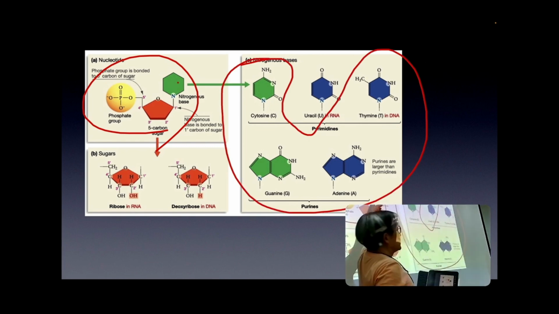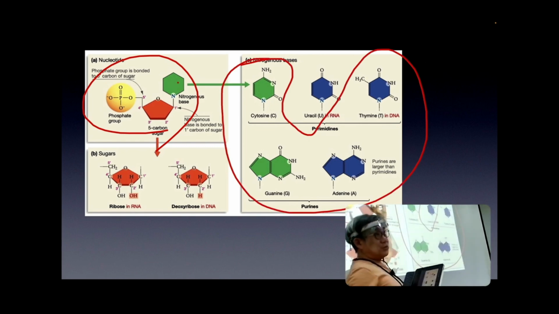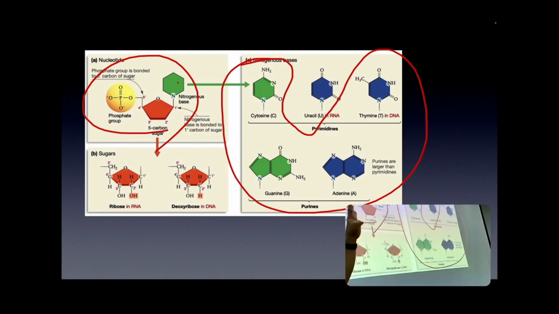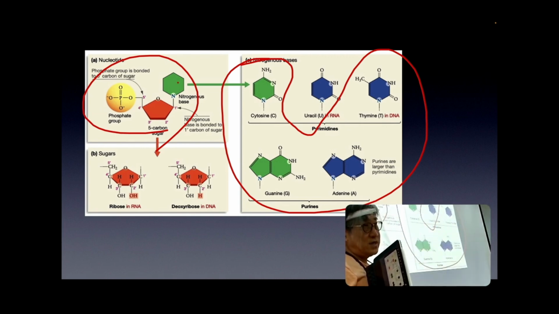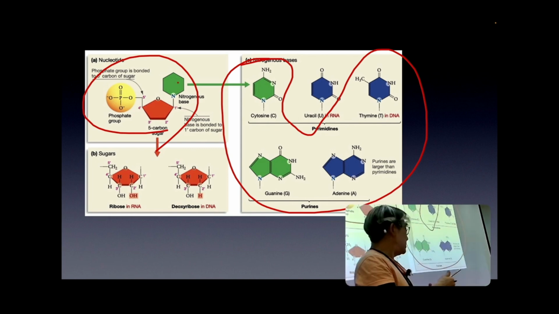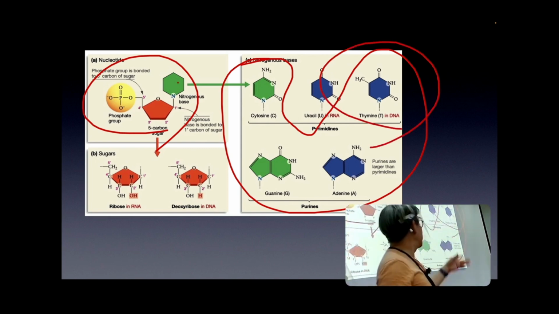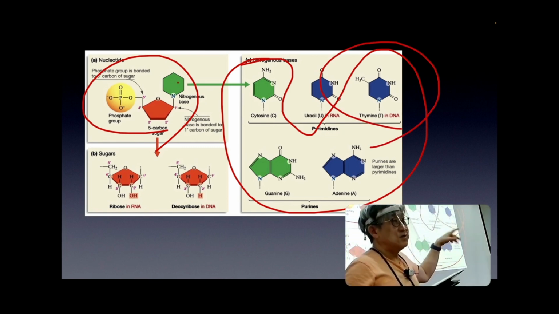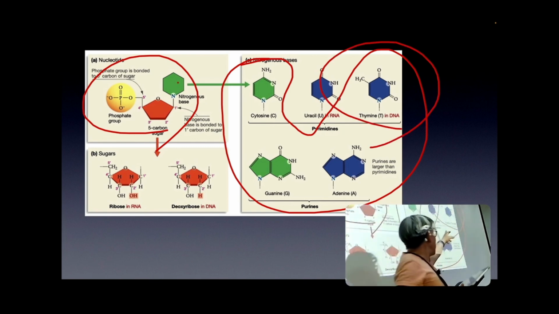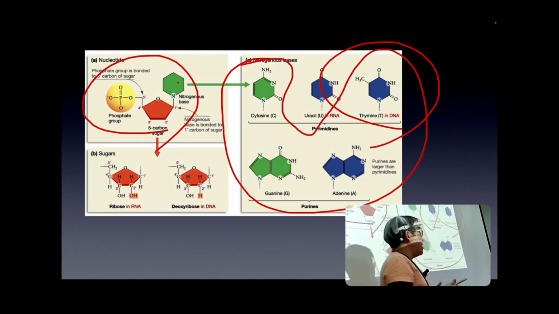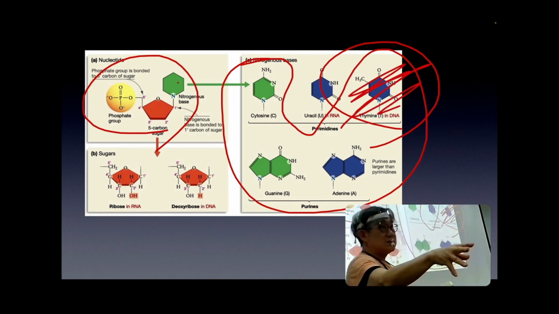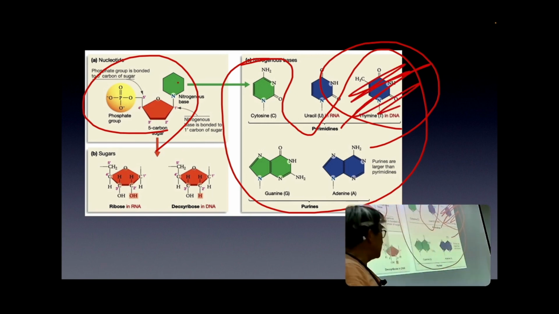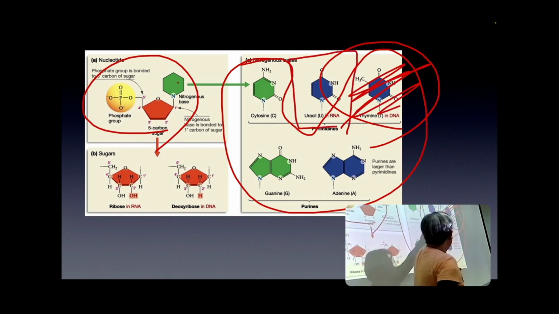Any one of these can attach to this position, and that makes 4 different kinds of nucleotide in DNA. Whatever this guy T, we usually abbreviate as T, its full name is thymine. In RNA, thymine is absent, but instead somebody else takes up thymine's space, which is uracil. That's the only difference here.